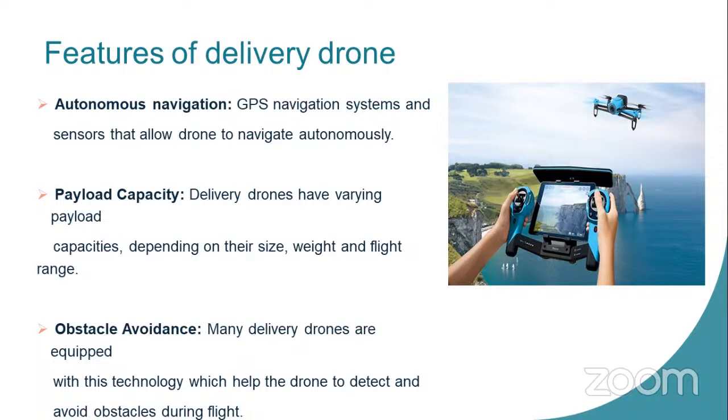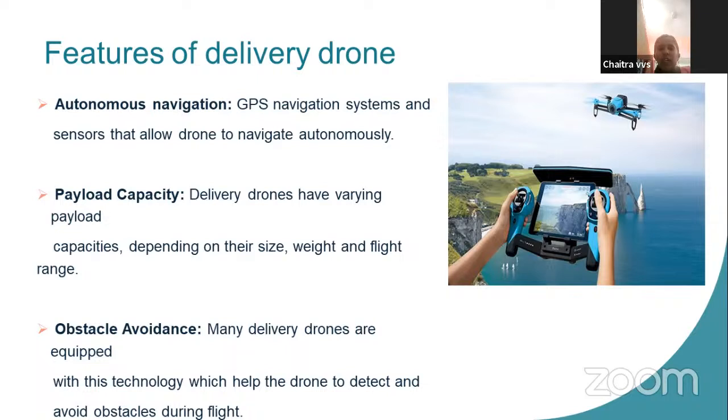Delivery. First one is autonomous navigation. These GPS navigation systems and sensors are adapted to the delivery drones, which allow them to navigate autonomously or track the delivery location directly without the need for human intervention.